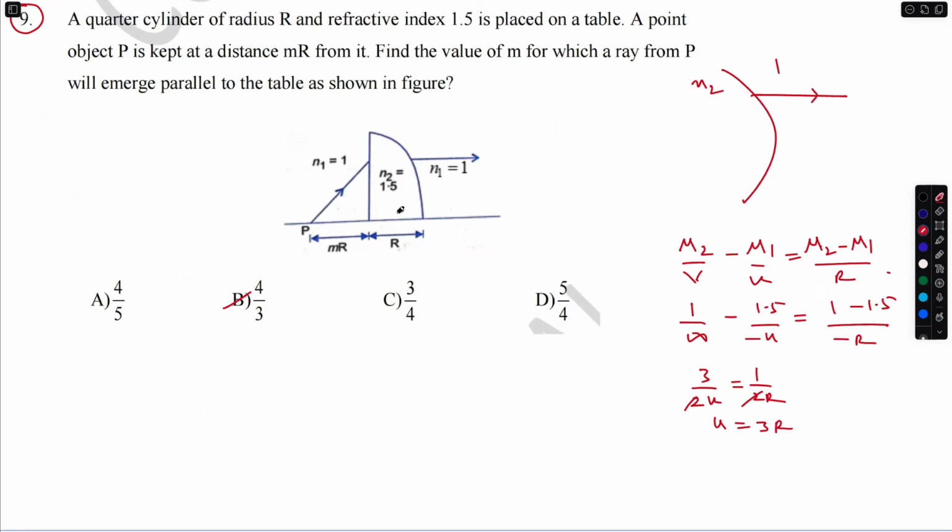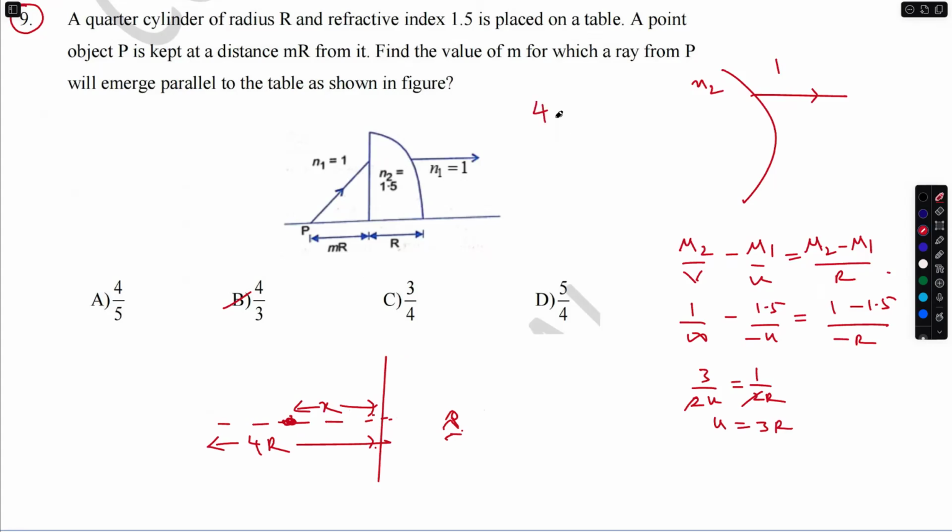Okay. So now, if I am in this reference frame, I should see that this is at a distance 4R. Actually it is here, at distance x.